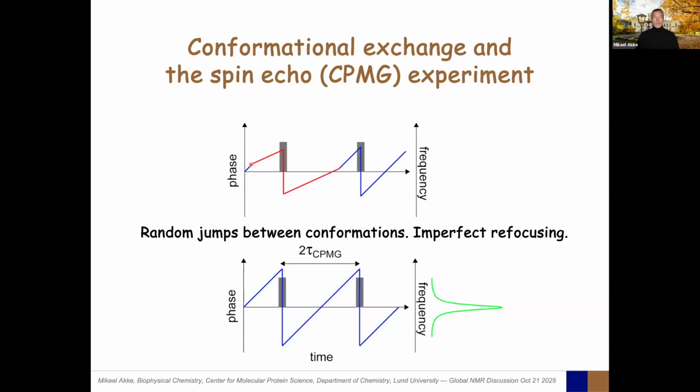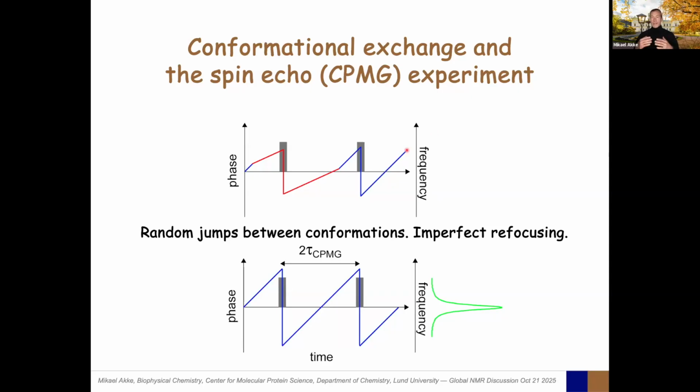Now, alternatively, you might imagine that there is exchange, and that's what's depicted here. So here we have two random exchange events where the magnetization suddenly jumps and changes its orientation in the transverse plane. And then, of course, you will get imperfect refocusing.